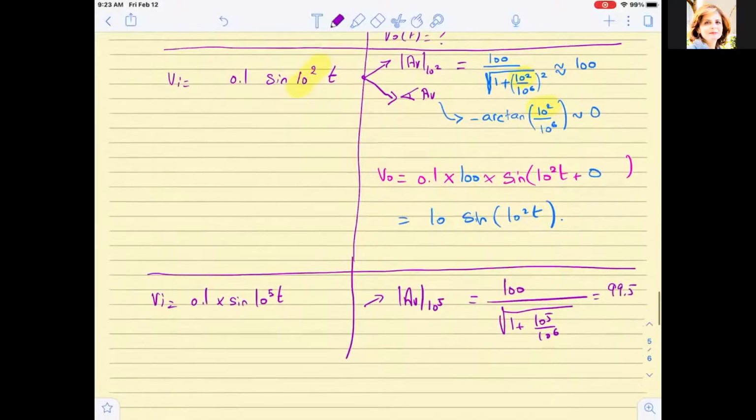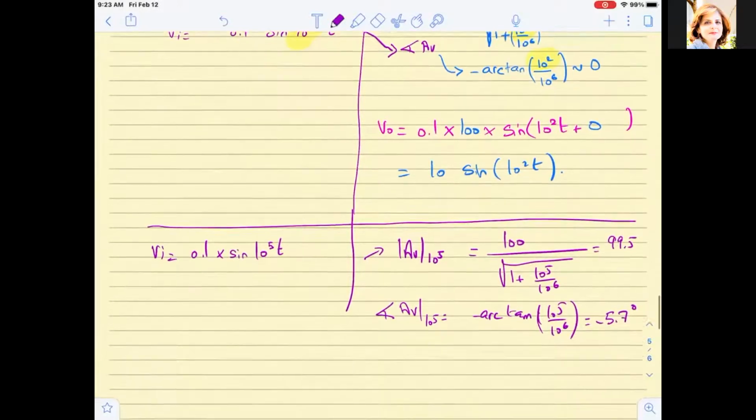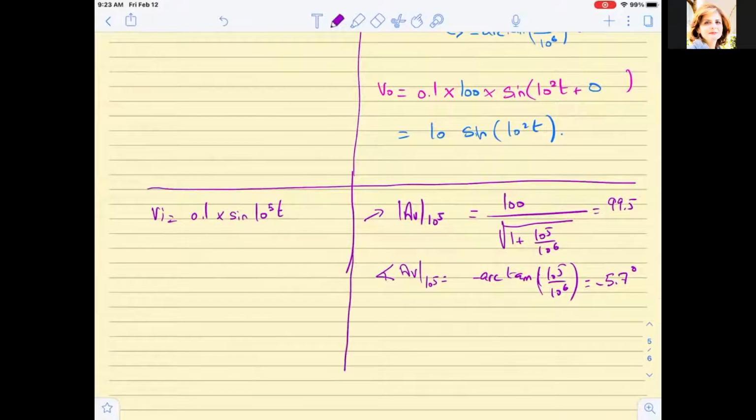The phase of the gain at omega equal 10 to the 5 comes out to be minus arctangent of 10 to the 5 over 10 to the 6, and this comes out to be minus 5.7 degrees.